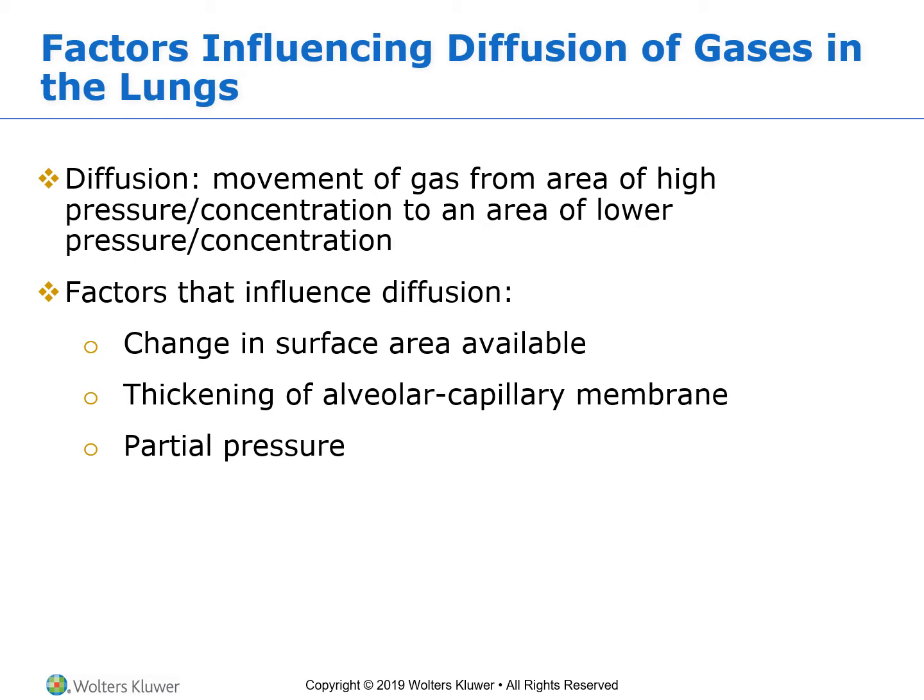So then now we have a higher concentration of pressure in the lungs because now all the oxygen is there in the alveoli. So now that we have all the oxygen there, the carbon dioxide is going to leave the body because it's going to go to that area of lower pressure, because the higher pressure is now inside the lungs. So hopefully that helps it make a little more sense for you.